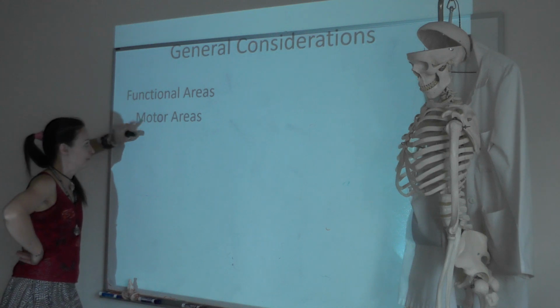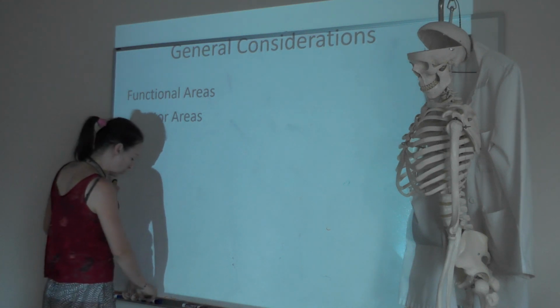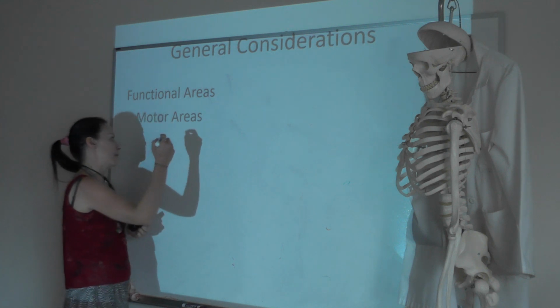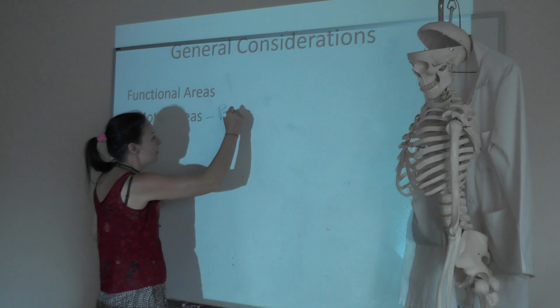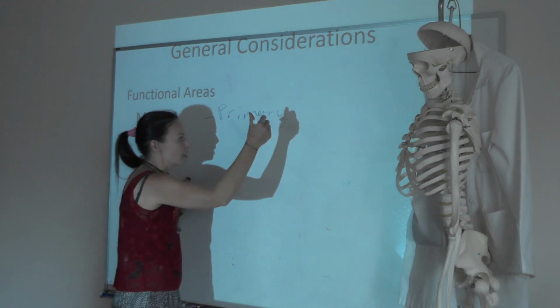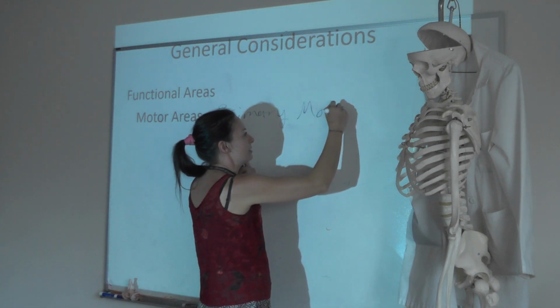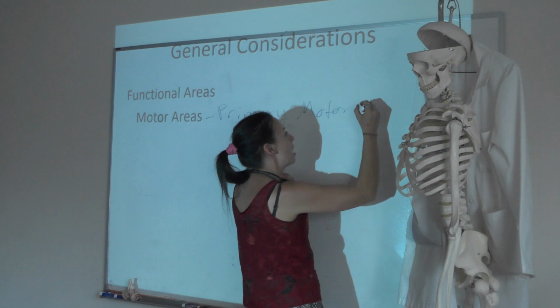Motor areas. They're in control of motor output. So really the one that I'm most interested in is the primary motor cortex, which is that precentral gyrus. But you also have a motor speech area. So the ability to speak goes above and beyond your ability to produce sound.